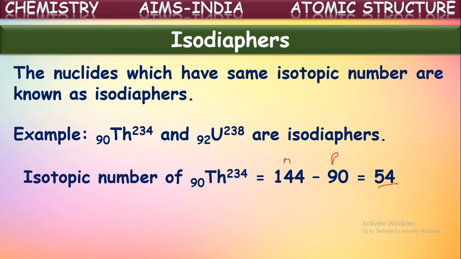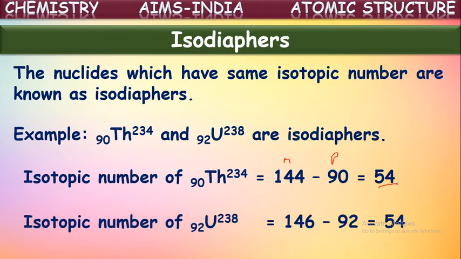If we see the same difference for uranium, there also we get 54. So like this, the atoms or ions or molecules, whatever they are, are called simply nuclides. The atoms which are having the same isotopic number are called isodiaphers.